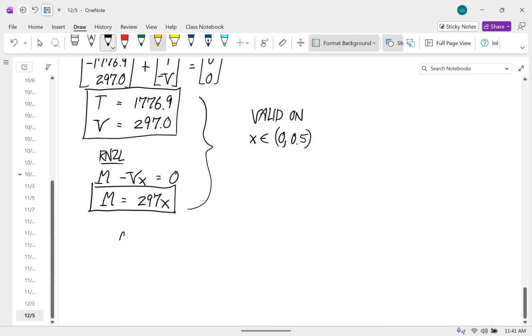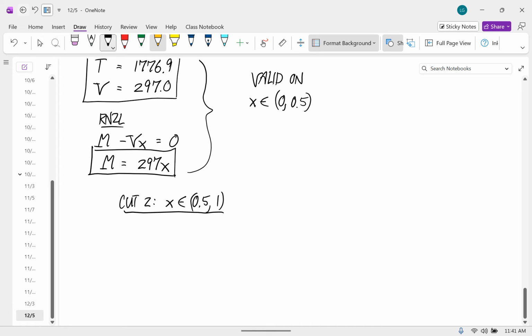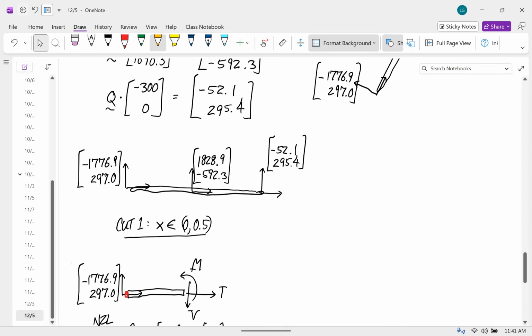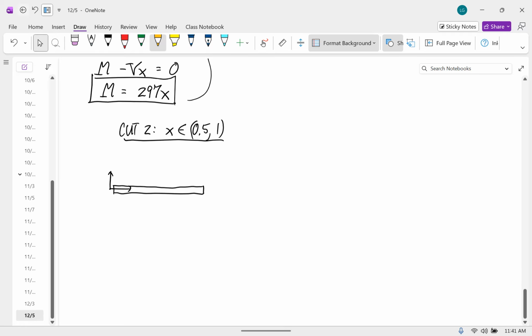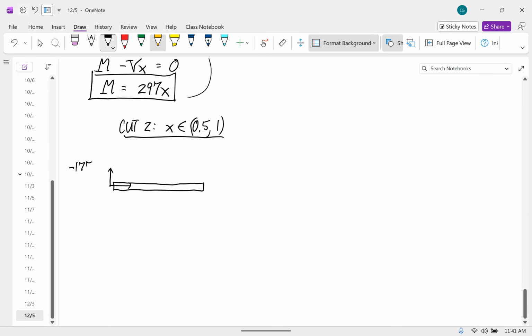And now we go to cut 2. Our x's go from 0.5 to 1. So over here we have negative 1776.9, positive 297.0.